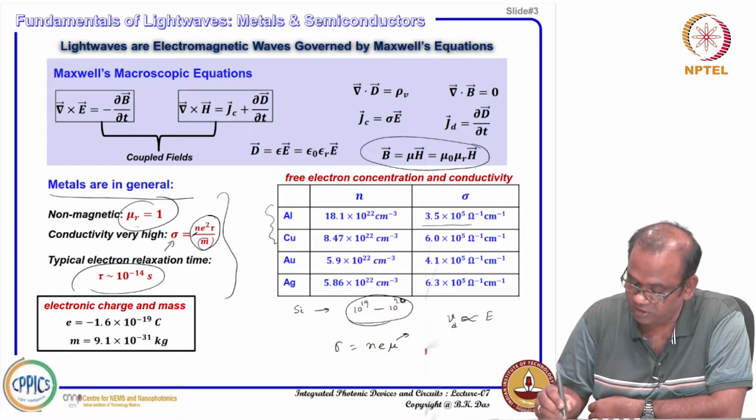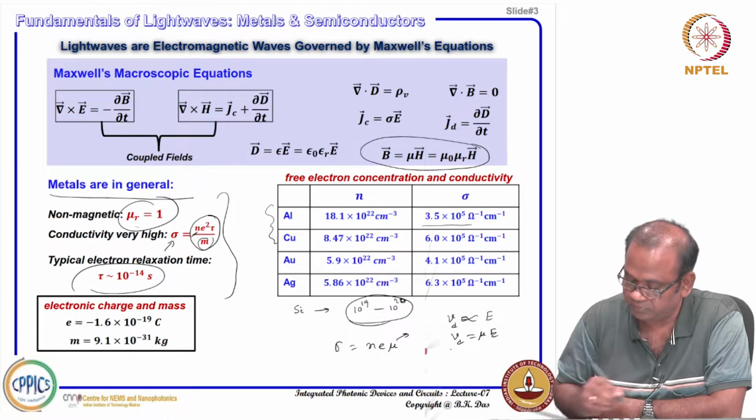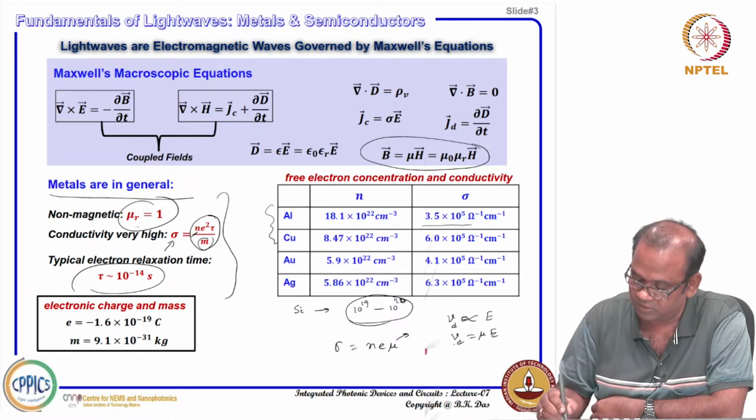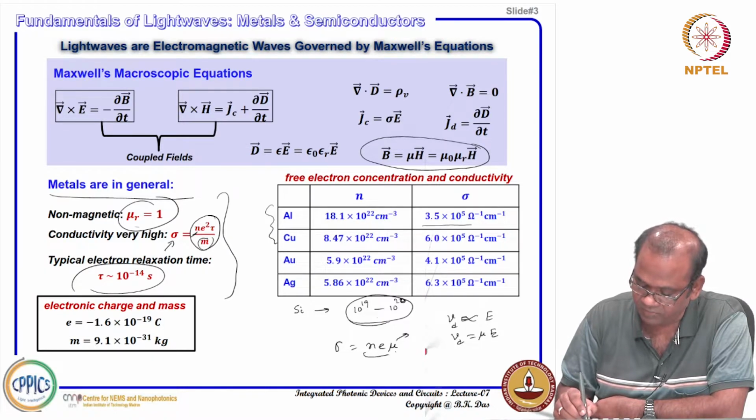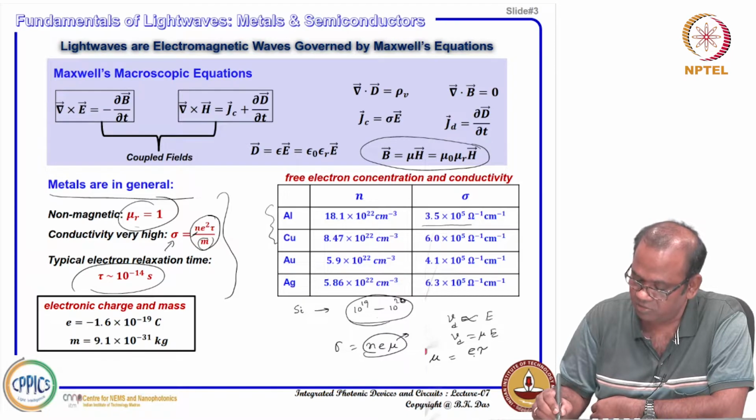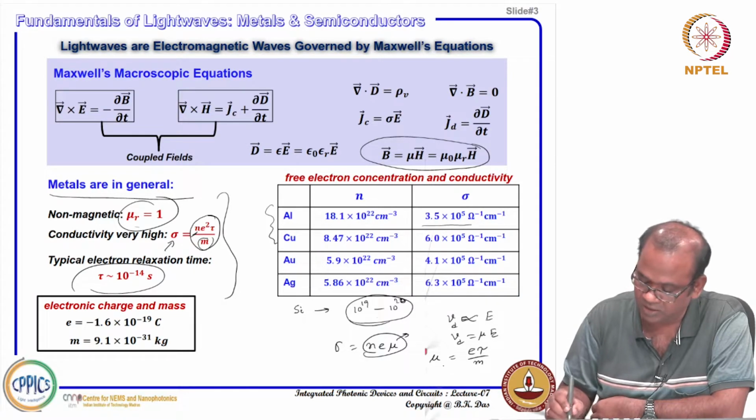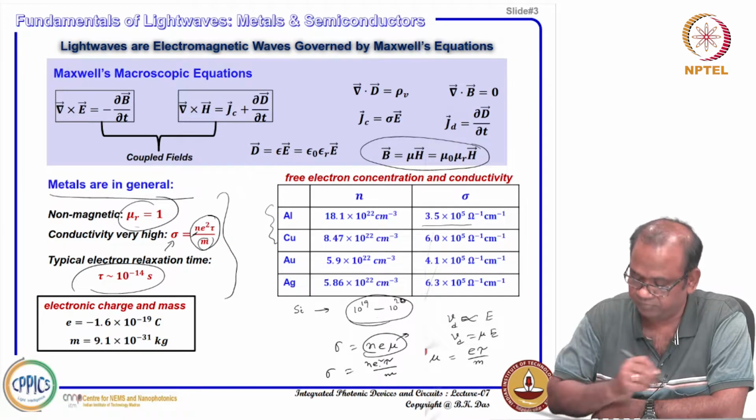It is proportional to the field, and this proportionality constant we write as the mobility. Once you know the mobility, you can write mu, which normally stands for e tau by m. That gives sigma equal to n e square tau by m.